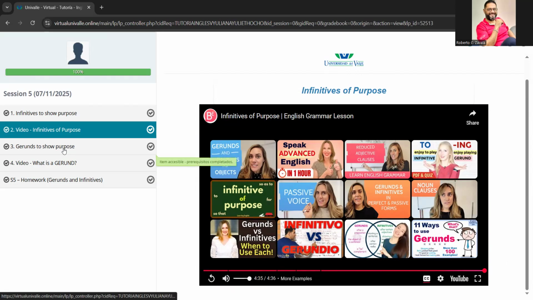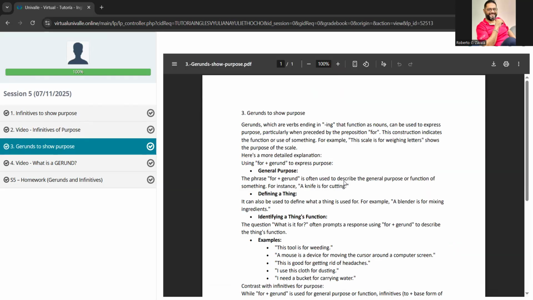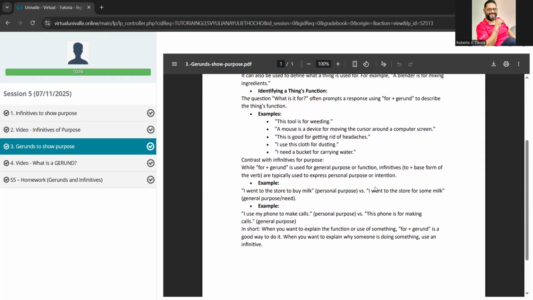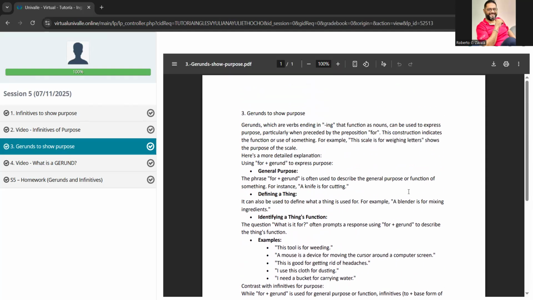Well, we just saw infinitives to show purpose. Now let's look at the next topic, which is gerunds to show purpose. Okay, we saw infinitives. Now we're going to look at gerunds. Now, if you heard correctly, she did say we can use for, but we need to use it with a verb, not a noun.